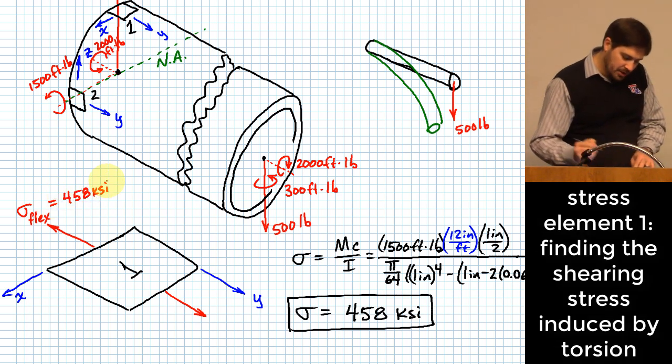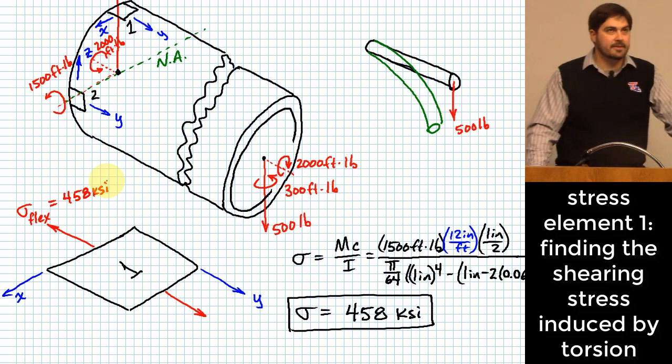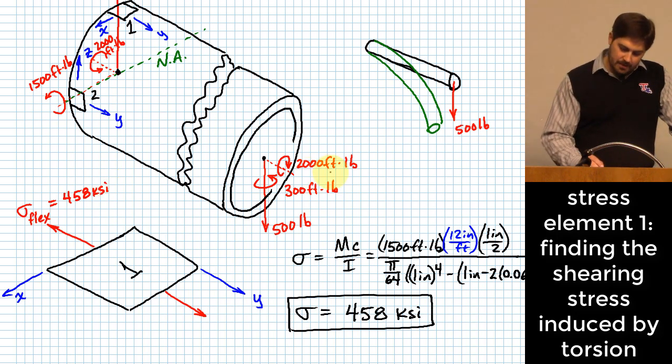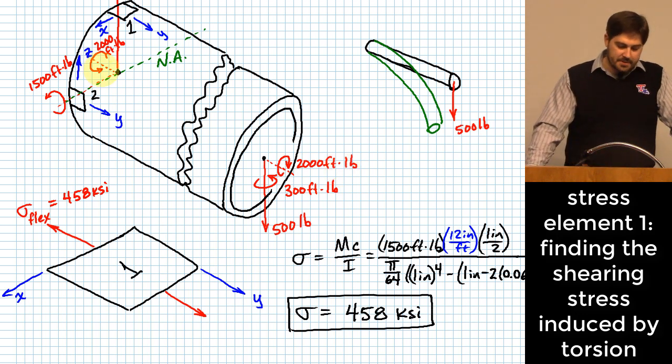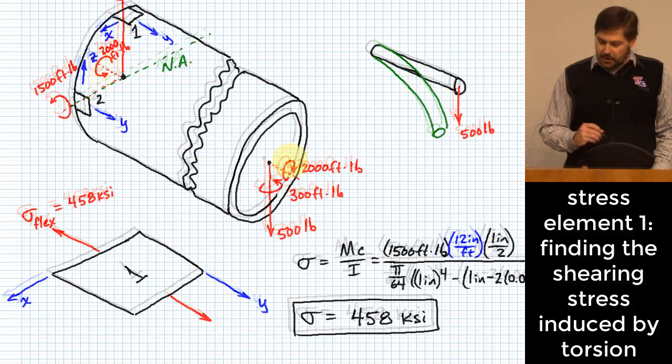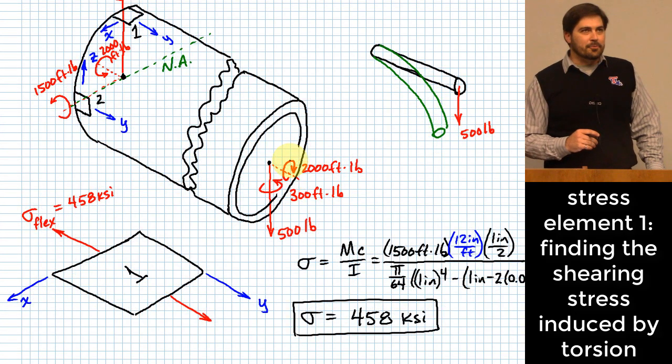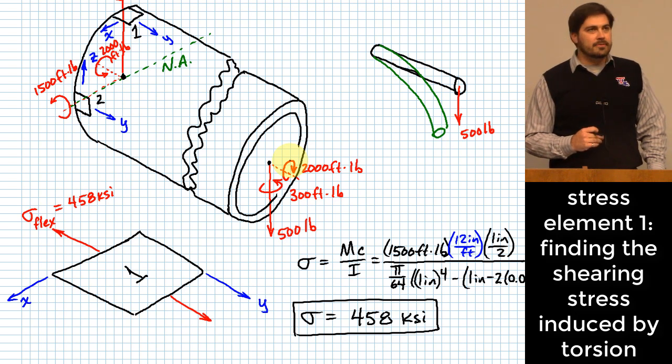Someone says shear. Shear caused by torque, right? Torsion. And what would that effect be that's causing torsion? The 2,000 foot-pound moment around the long axis of this part. So let's go back and remember what's the formula we typically use for shearing stress due to torsion.